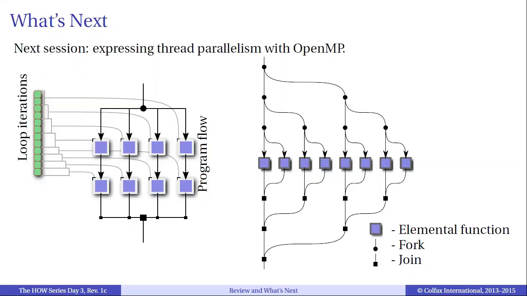We discussed data parallelism, in other words, vectorization. Tomorrow we will talk about another form of parallelism, which is task parallelism, and we will talk about multi-threading. So today we learned to use multiple vector lanes inside of every core, and on Monday, we will learn how to utilize multiple cores in a Xeon or a Xeon Phi coprocessors.